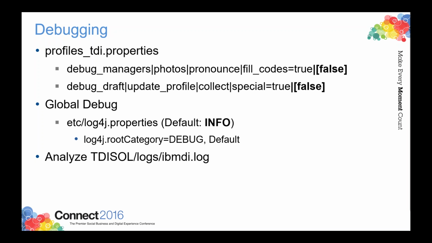Just change the log4j root category equals info, default, to debug, default. You will get a much more detailed IBM TDI log with all SQL statements, with all LDAP attributes, all data of the users, and more detailed error messages. Then you should find the reason why a user is not synchronized.